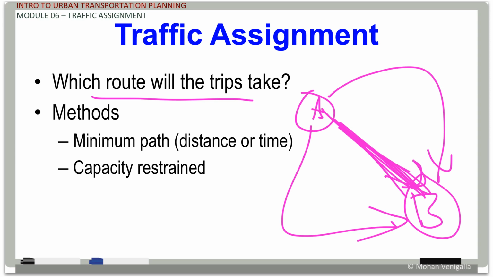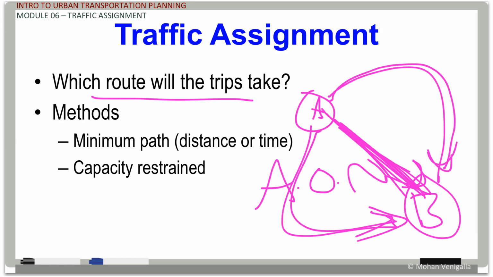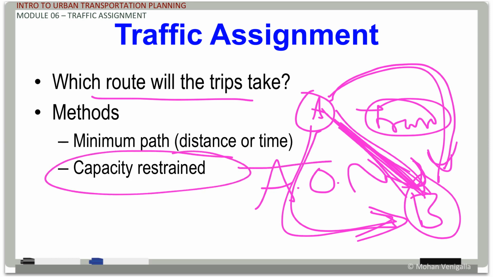That would be nothing but all or nothing. Now some people might take this and some people might prefer that and some here. So that depends on the traffic, meaning volumes. That is when the capacity restraint comes into the picture. So essentially that's where we are headed.